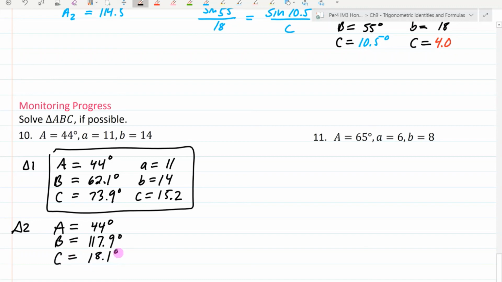This is not the order in which I solved for them. This is just me writing down the answers so you can check them.